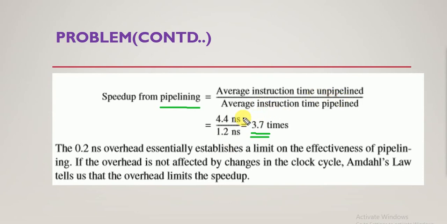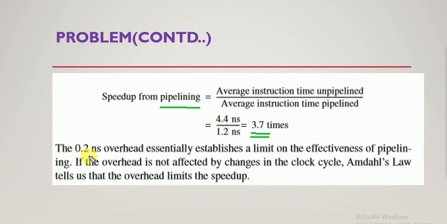If some task is given to the unpipelined system, it takes 4.4 nanoseconds average time, but if the same is given to a pipelined architecture, it will take only 1.2 nanoseconds. So automatically the speedup is 3.7. This pipelined system is 3.7 times faster than the unpipelined system.